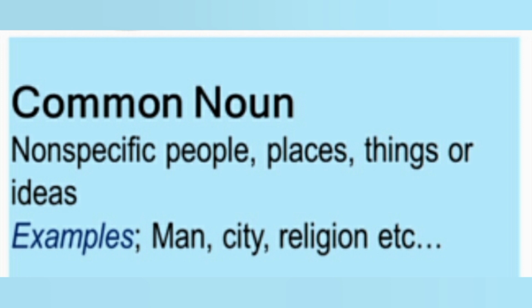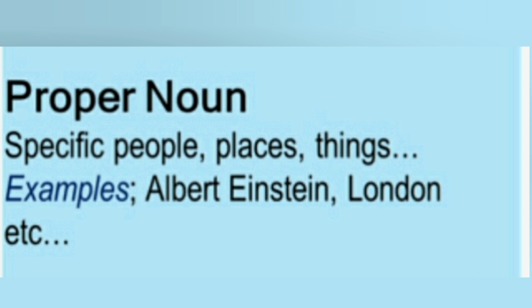Now the first one that we will be looking at is common nouns. Common nouns are non-specific or general names given to people, places, things, or ideas. Also animals. Examples of common nouns are man, city, religion, books, bags, etc. Proper nouns.